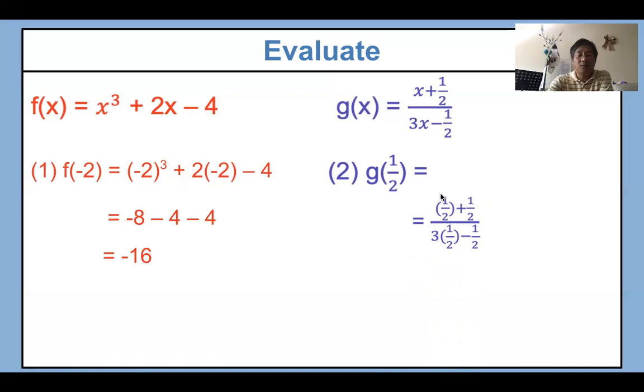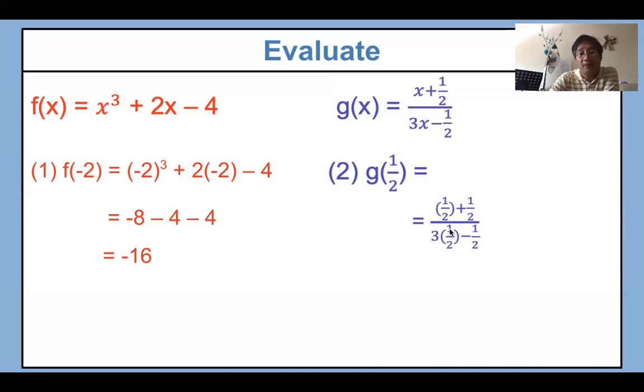How about the numerator? Half plus half is? Yes, 1, right? 2 over 2. 1 plus, if you have the same common denominator, then you can add or subtract the numerators. So 1 plus 1 is 2. So 2 over 2 is 1. So the numerator is 1. So how about the denominator?